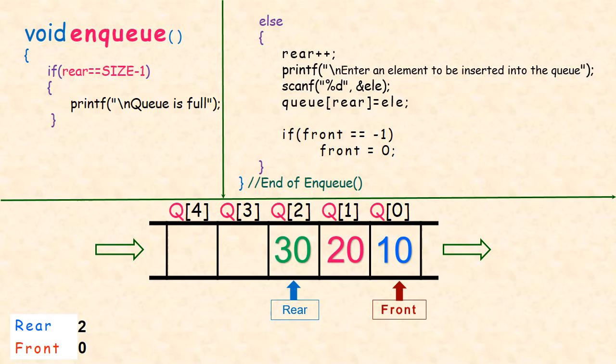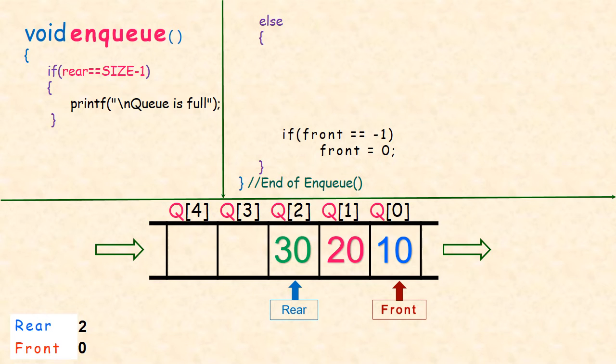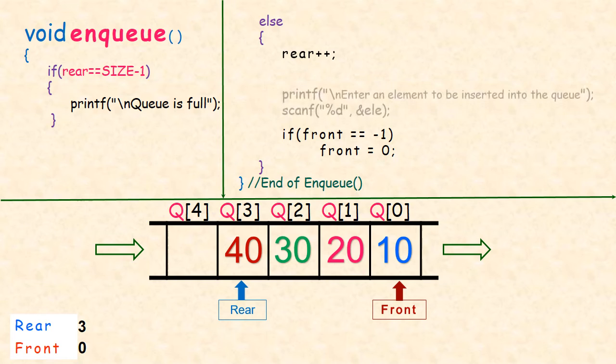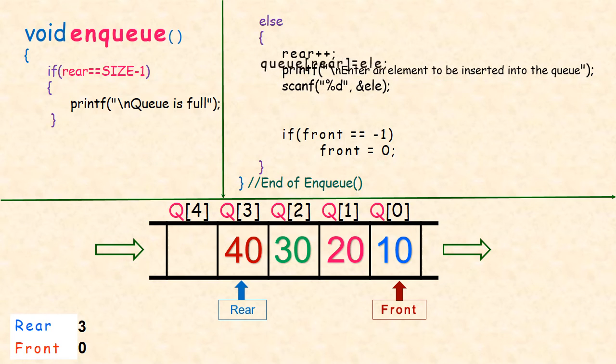This is the same for the next two elements also. So please observe the graphics, what is happening to insert elements into this queue. Right, so what happens: a value 40 is placed in the new position, after incrementing the rear.